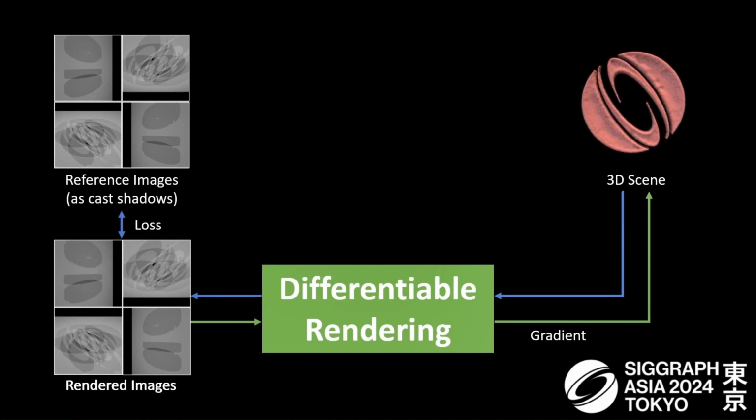This can have various downstream applications. For example, here we have some images of the cast shadow of the object, and with the physically based differentiable renderer, we can compute the loss between these reference images and our rendered image, and we can backpropagate the loss through our differentiable renderer to recover the object, although it is not directly depicted in the reference images.